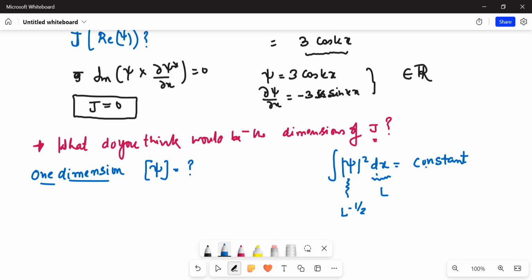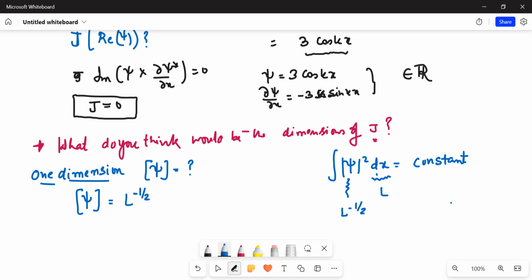So in order that this probability remains dimensionless, the dimensions of this wave function are L to the minus half.